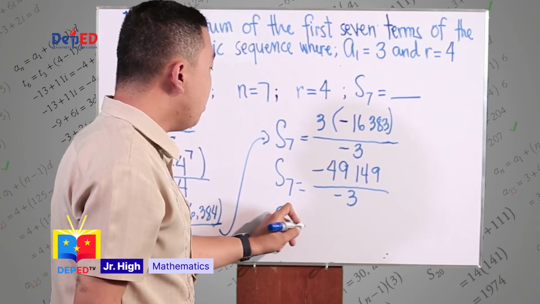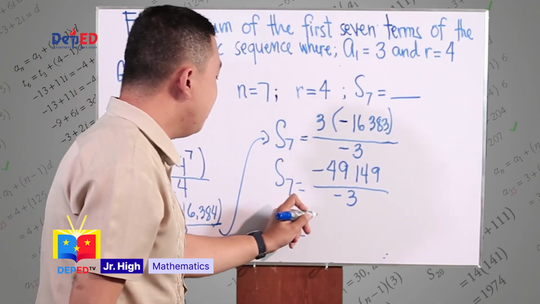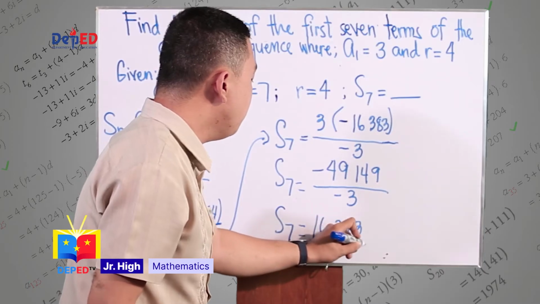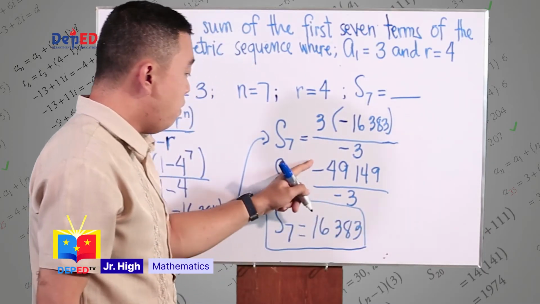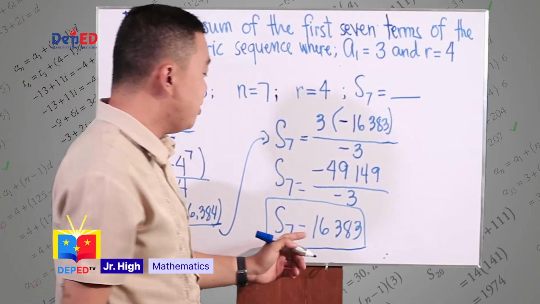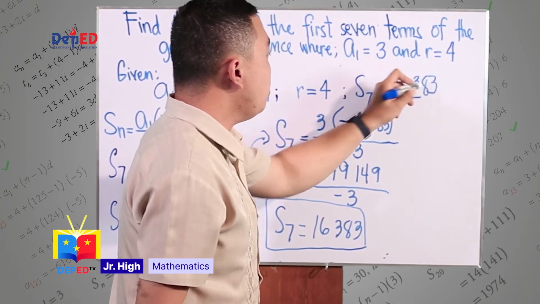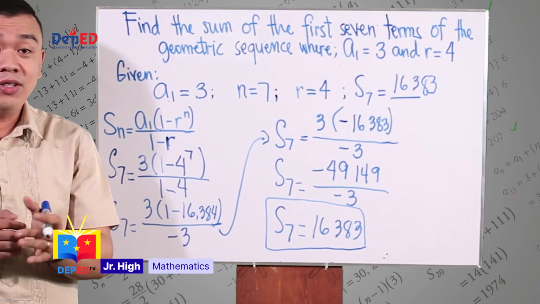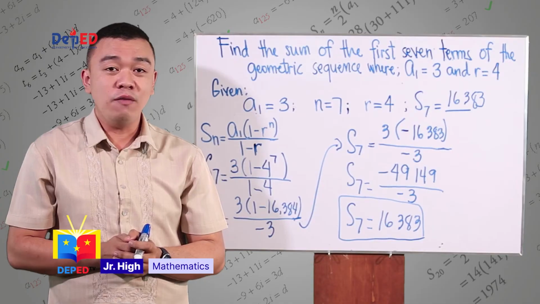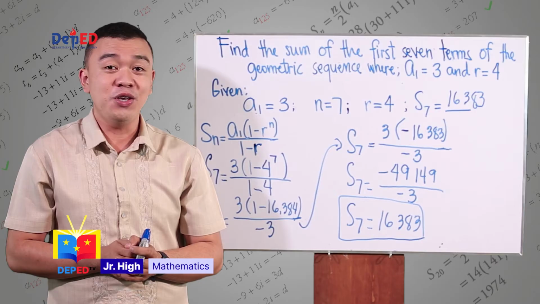Our s sub 7 now is equal to 16,383 positive, since we are dividing these two numbers which have like signs. So thus, the sum of the first 7 terms of this sequence is 16,383. With that activity, we can solve the n terms of the geometric sequence using the formula we have used.